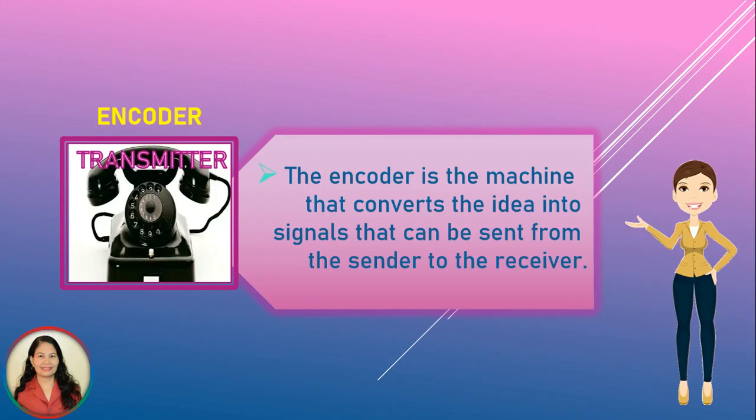Example: the encoder might be a telephone, which converts our voice into binary ones and zeros to be sent down the telephone lines, the channel. Another encoder might be a radio station, which converts voice into waves to be sent via radio to someone.